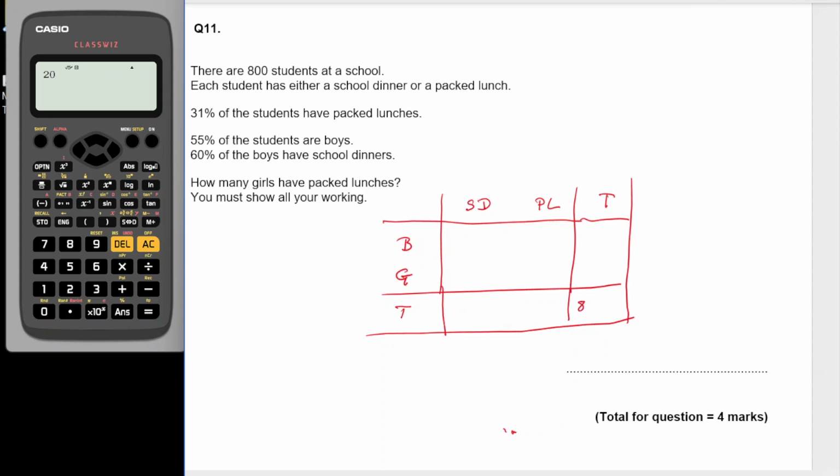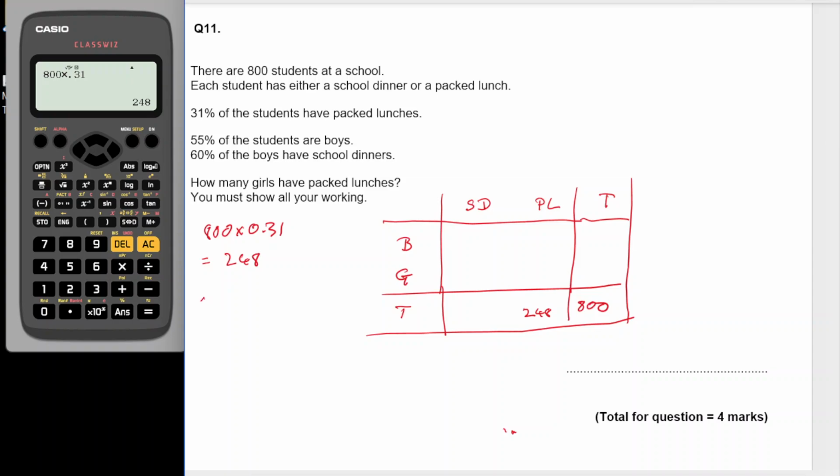So my total is out of 800. Okay, 31% of the students have packed lunches, so I want 31% of 800, so 800 times by 0.31 gives me 248 have packed lunches.